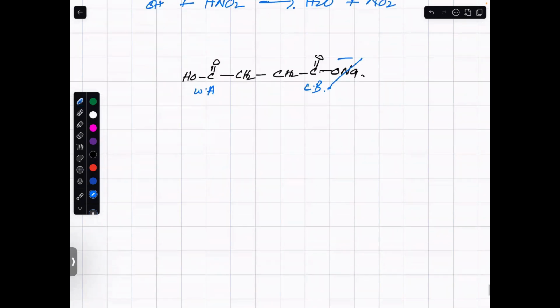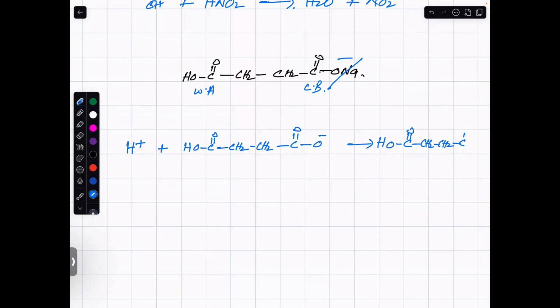Why? Because if H plus is added into that solution, it's going to react with what? The conjugate base part will combine with H plus, and it becomes the unionized acid. And if OH is there, it will lose H plus, making H2O and the conjugate base.